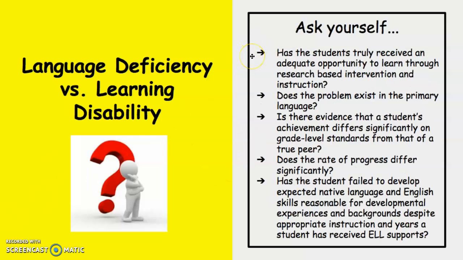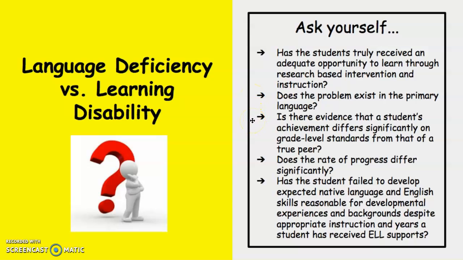These are some important questions to ask yourselves when you're debating whether or not an ELL student has a deficiency in their language or a learning disability. 1, has the student truly received an adequate opportunity to learn through research-based intervention and instruction? Does the problem exist in the primary language?